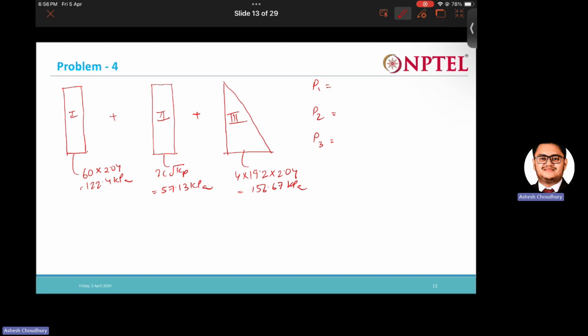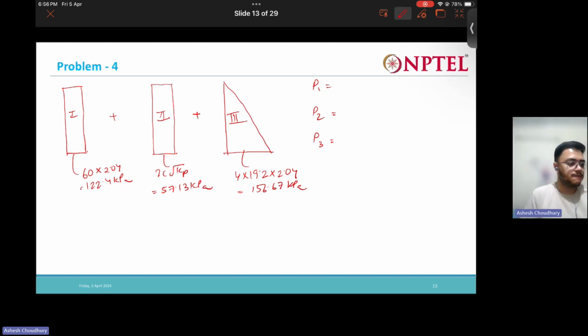So I hope you calculated these values. Right, just sum up the areas. You will get the values of P1, P2, P3 as usual. So please do that.